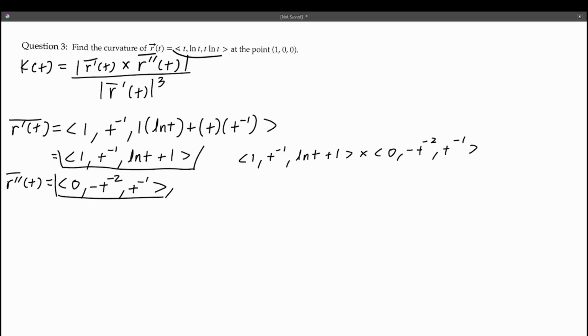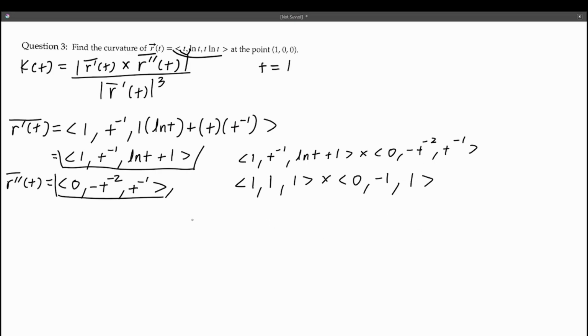That's pretty easy because the x is literally just the letter t, and the x in this coordinate is 1, so we know that t equals 1 for all of it. So plugging in: 1 to the negative 1, which is 1 over 1, or just 1, ln of 1, which is equal to 0, plus 1, which is 1. Then the cross product with 0, negative 1 to the negative 2, which is negative 1 over 1 squared, or negative 1, and then t to the negative 1, which is 1.